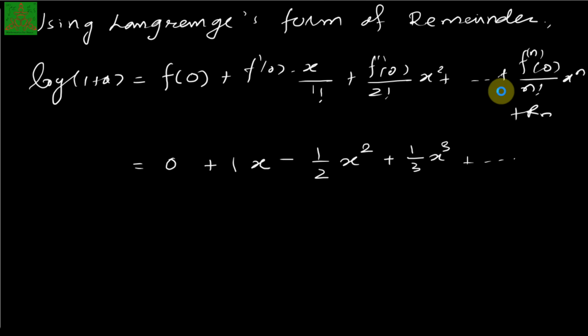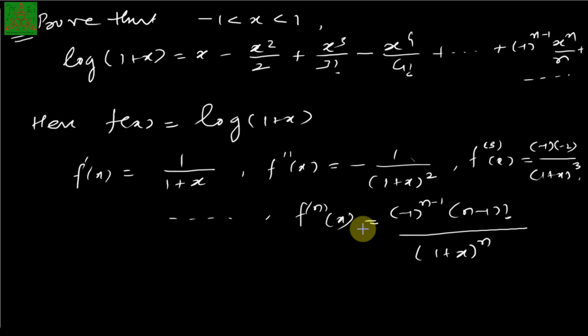You know that the nth derivative at 0, if I substitute 0, we'll have minus 1 raised to n minus 1 into n minus 1 factorial.